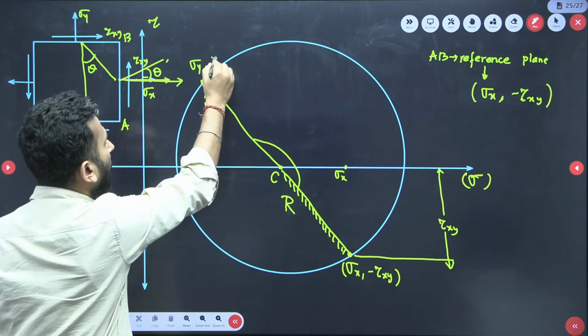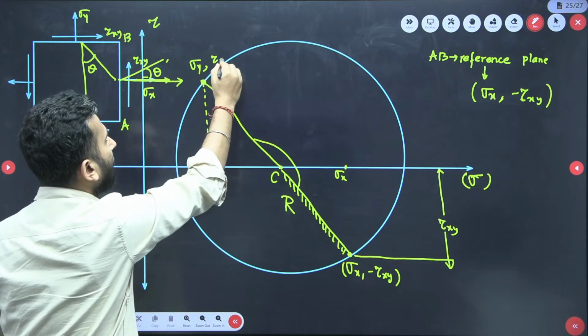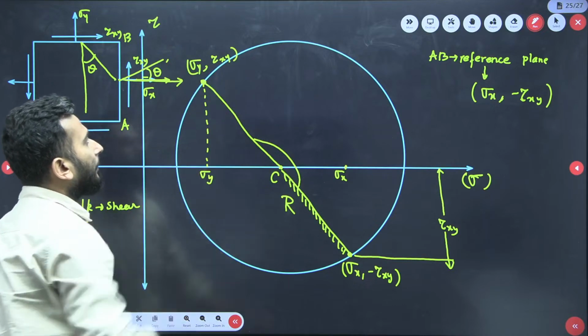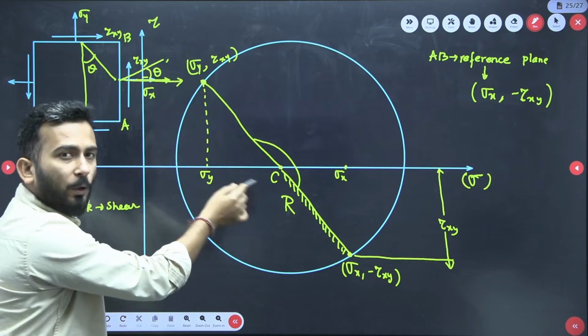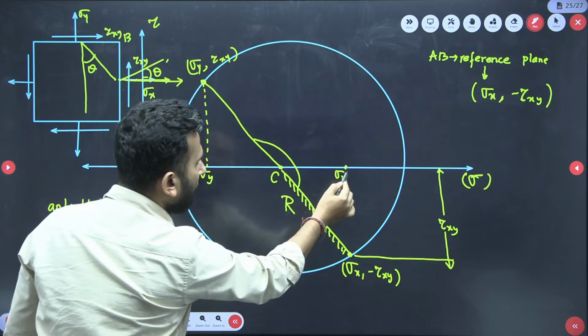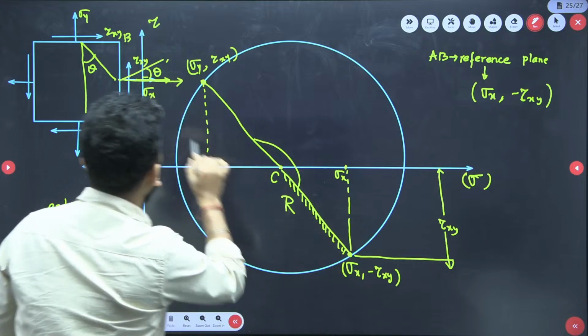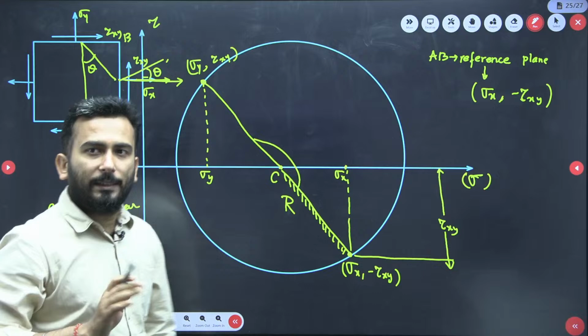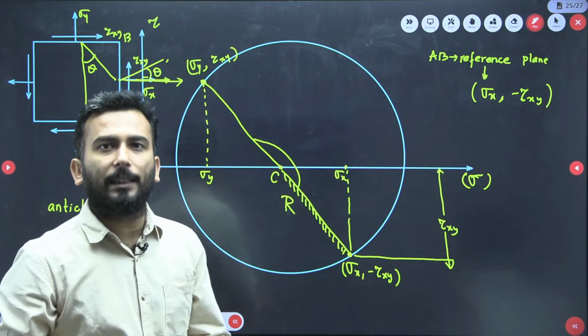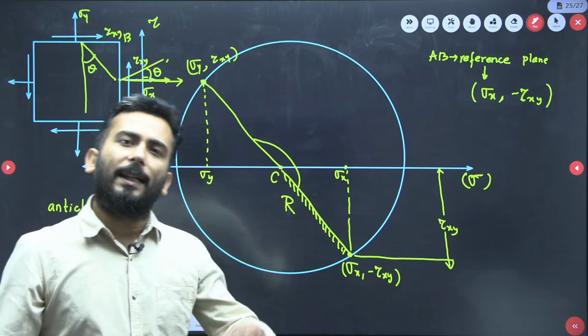So sigma y comma tau xy. See, we have been able to locate sigma x and sigma y very neatly. We have located these two planes very neatly. Now if the basics are clear, you will be able to locate everything very easily.